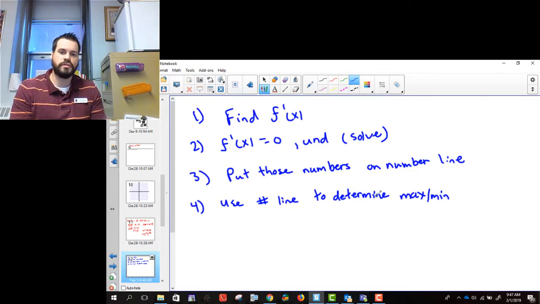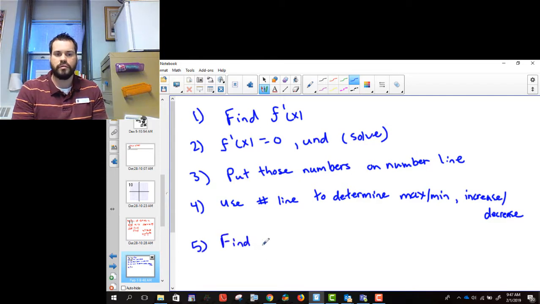So you find your max mins, and then you get the increase and decrease, because you get both of those pieces of information from the number line, and then you find the y values for your max mins. Okay.